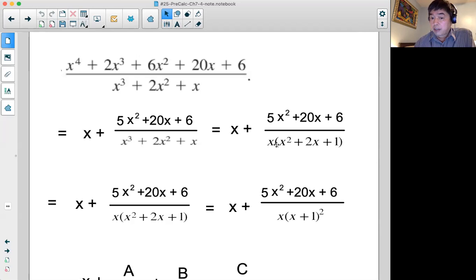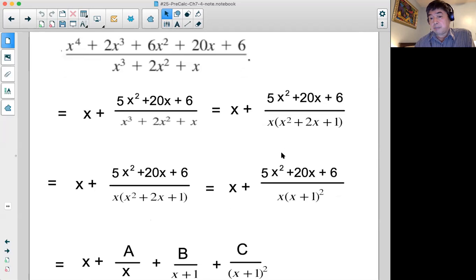Okay, and we factor this. The common factor of those three polynomials is x. So I took x out, and inside the parentheses you could see x squared plus 2x plus 1. Now this part you can write as x times (x plus 1) squared.